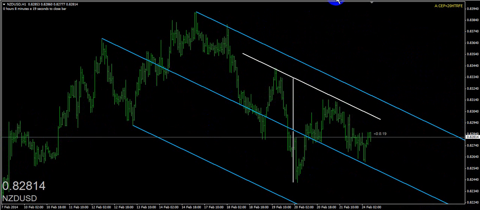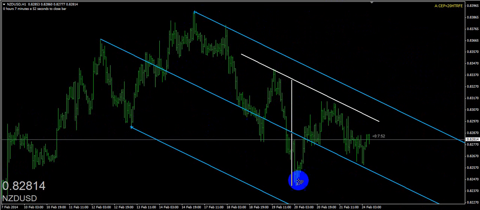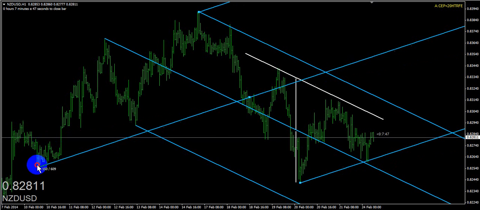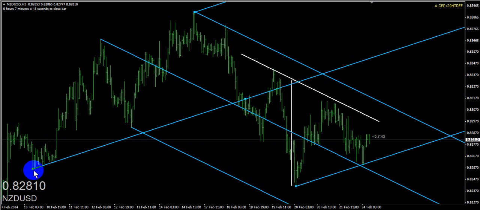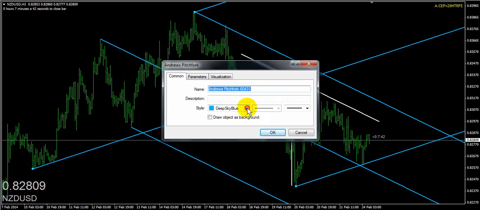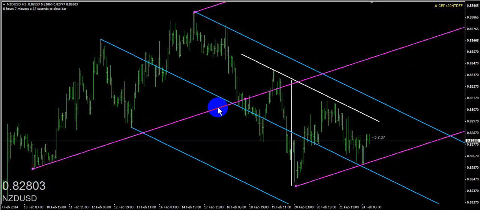We go with the previous B point here, or even here, may be better. So we'll see how this new fork reacts on this line.